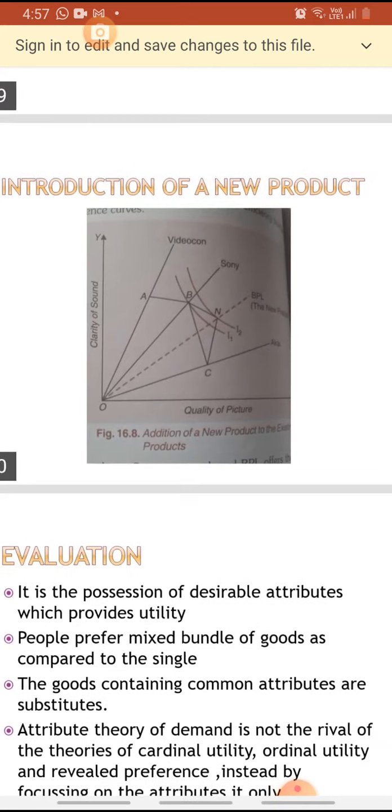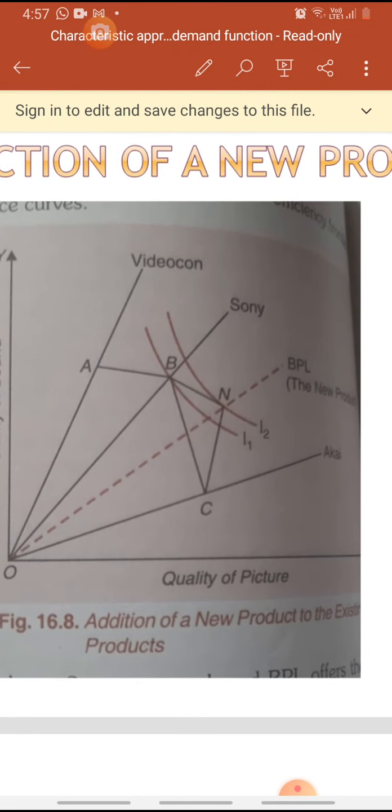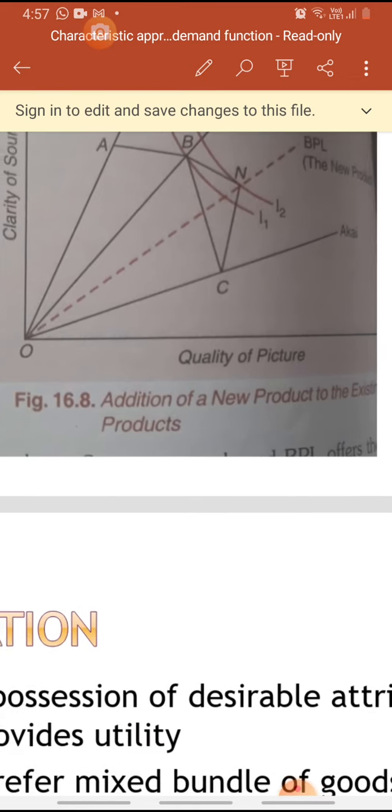So the introduction of a new product is likewise, there comes a new product array BPL. The new product array is the dashed line in red color. So the new efficiency frontier will come A, B and C, where the equilibrium will come on point N.